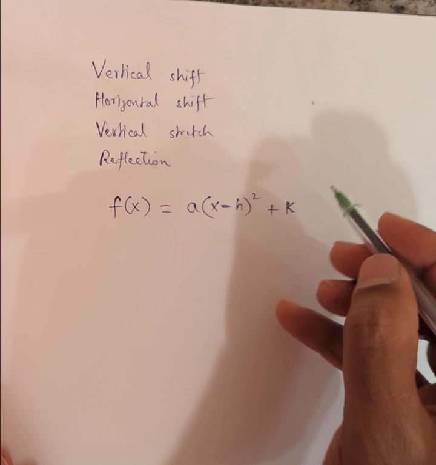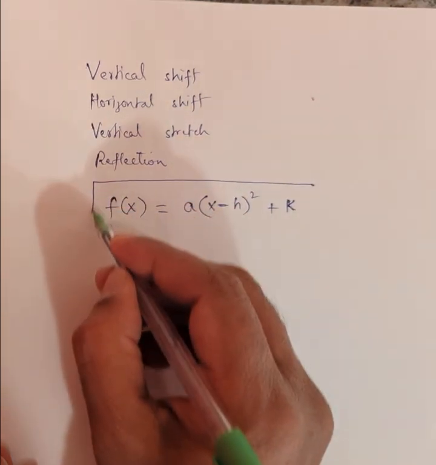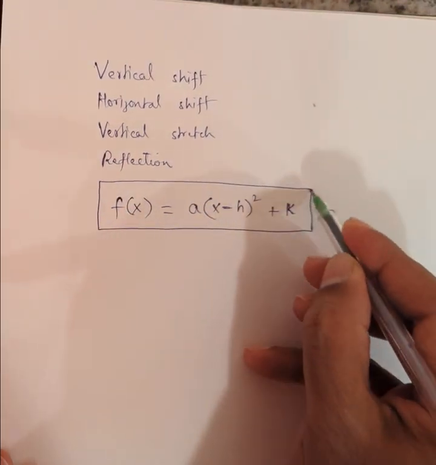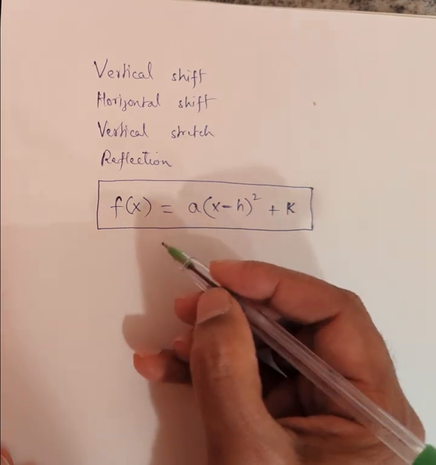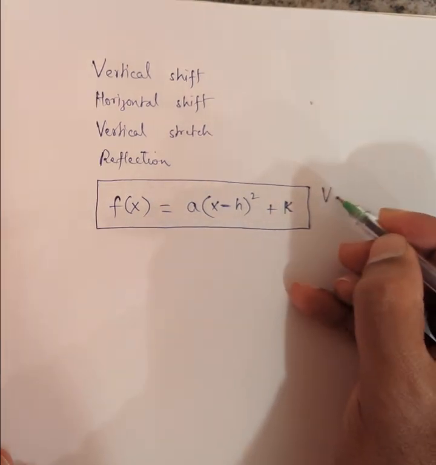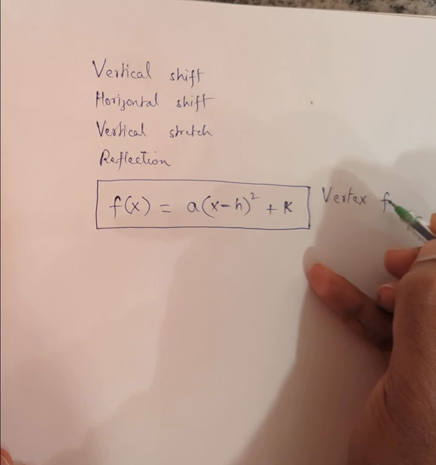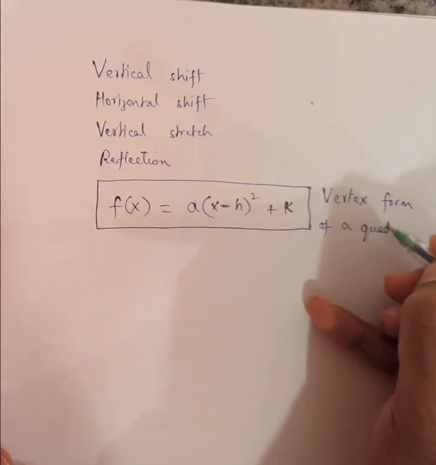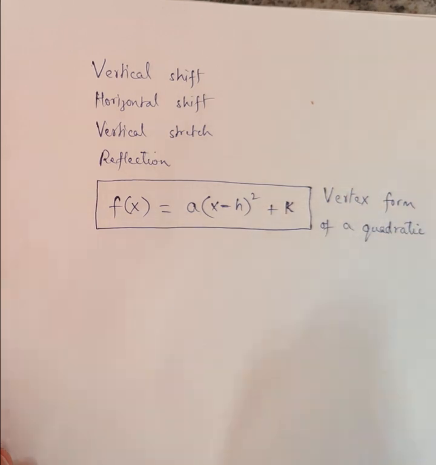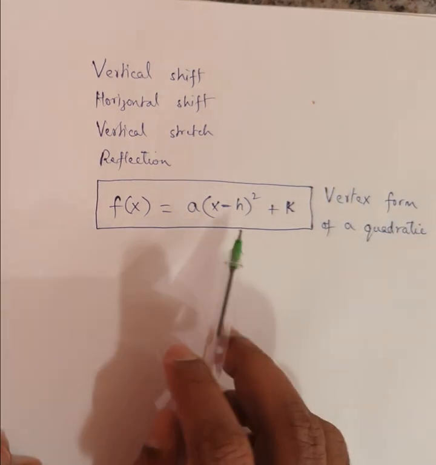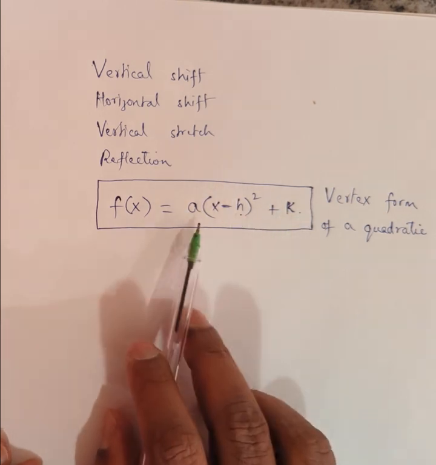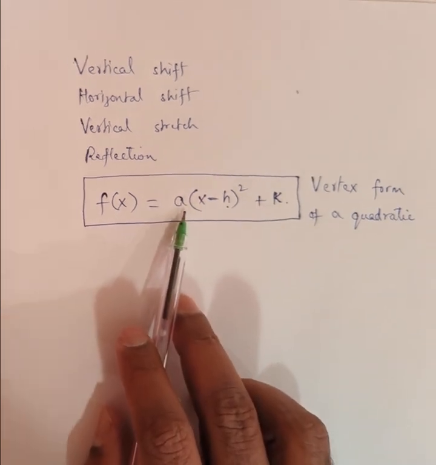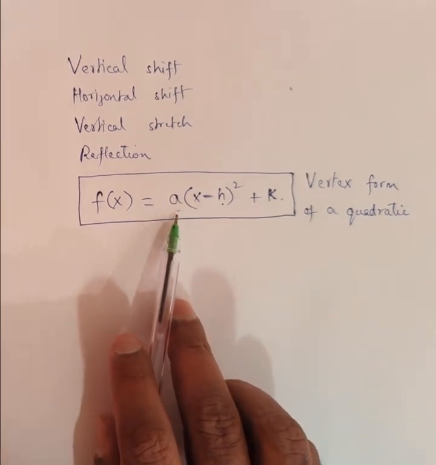If it is in this form, then it's easy to tell where the vertex is. That's why this is called the vertex form of a quadratic function, because the vertex is h comma k. And the sign of a will tell me if the graph opens up or if it opens down.